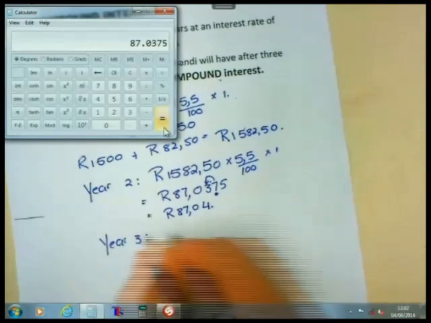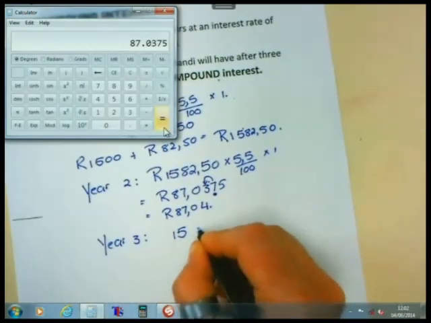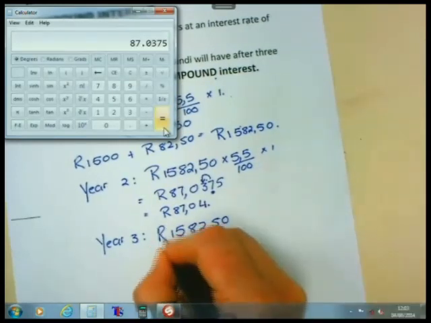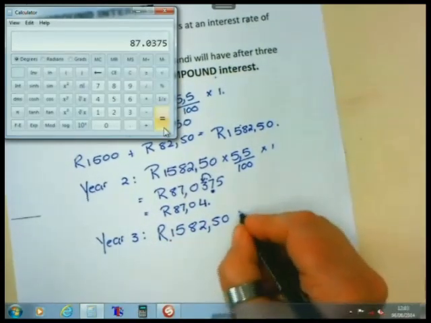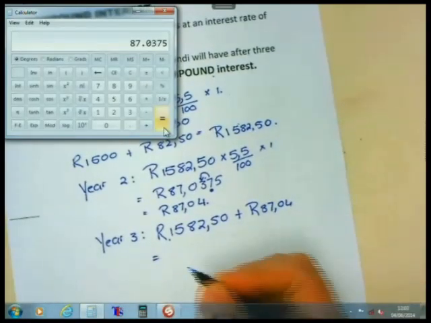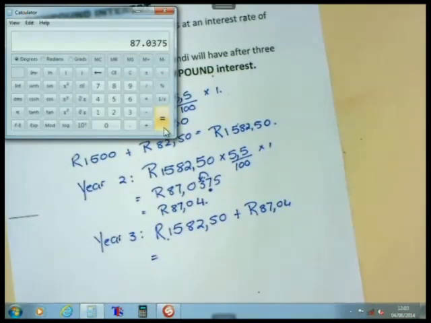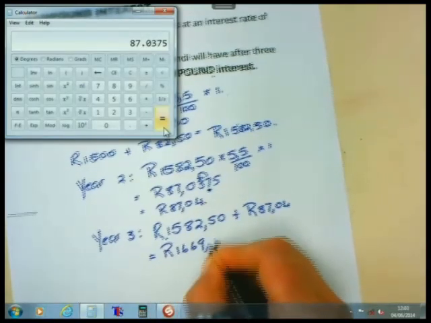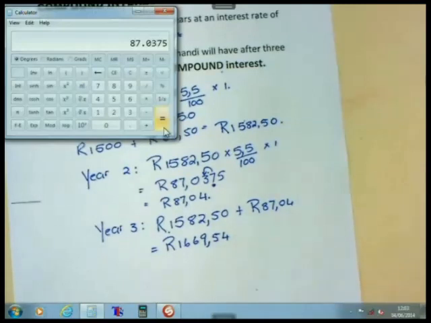So before I can work out year 3, I must work out 1,582.50, which was the final amount for year 1, plus the interest for year 2, and that gives me an amount of 1,669 rand 54 cents.